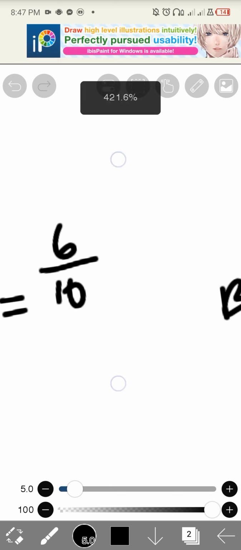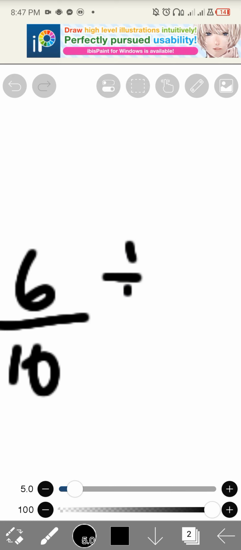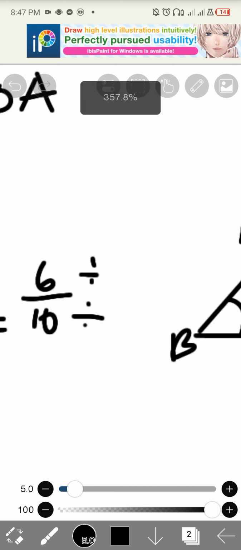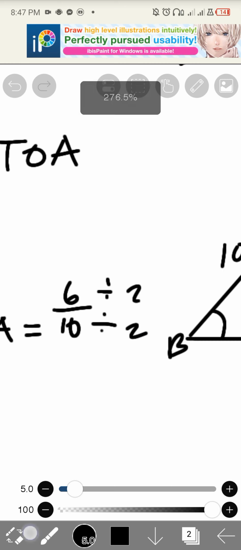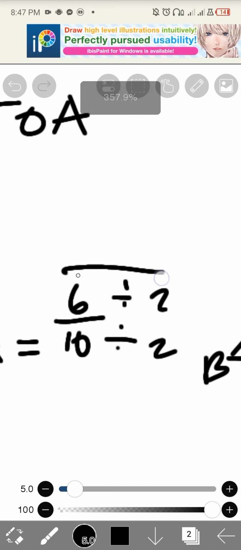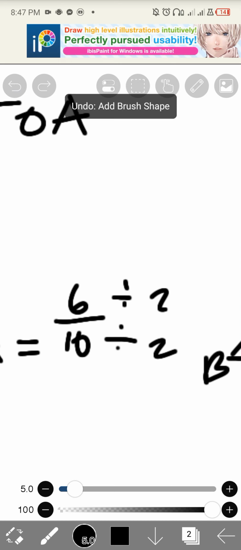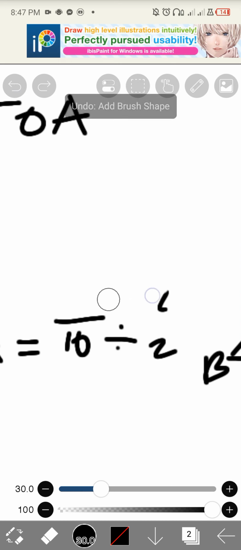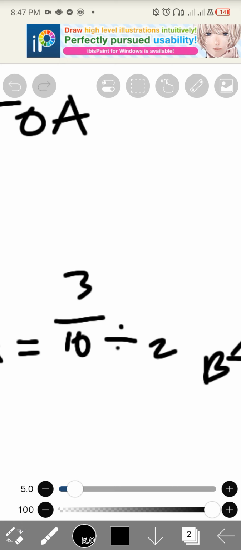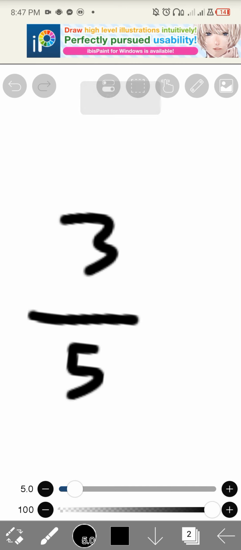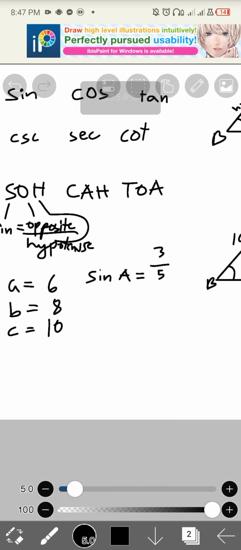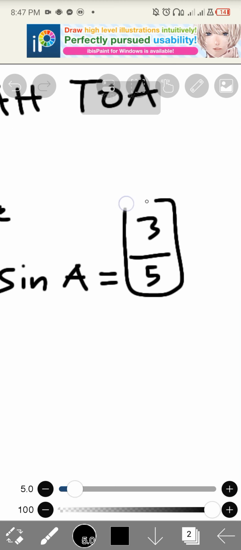Yes, that's right, 2. So divide both by 2. 6 divided by 2 is 3. 10 divided by 2, pretty easy, is 5. So sine A is equal to 3/5.